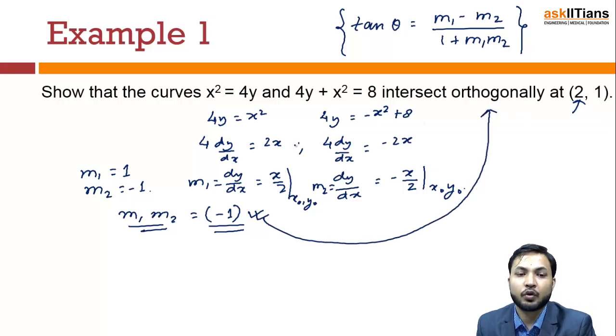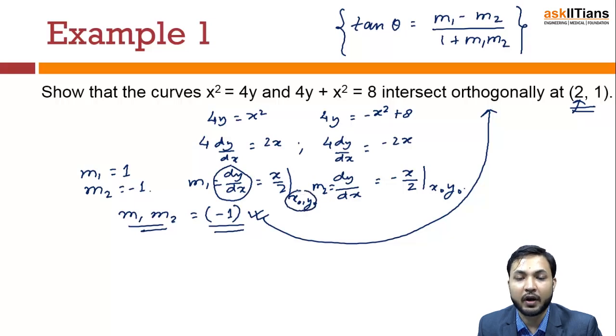Hence at this given point the two curves are orthogonal. Clear? Plain and simple. Differentiate them with respect to x, and at the point x naught, y naught put the value of x to get the two slopes, multiply them, and it satisfies the condition of orthogonality.